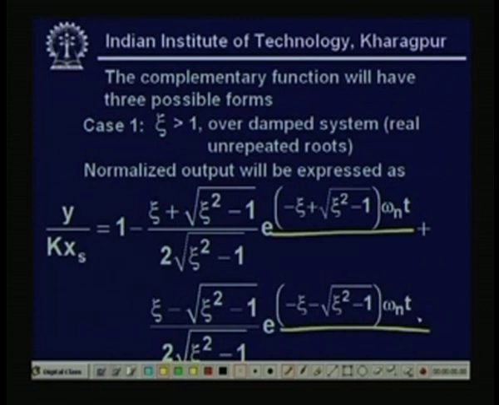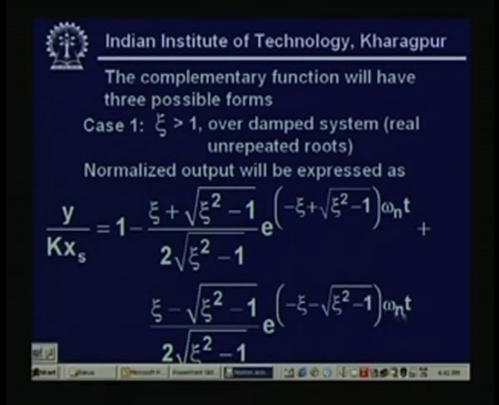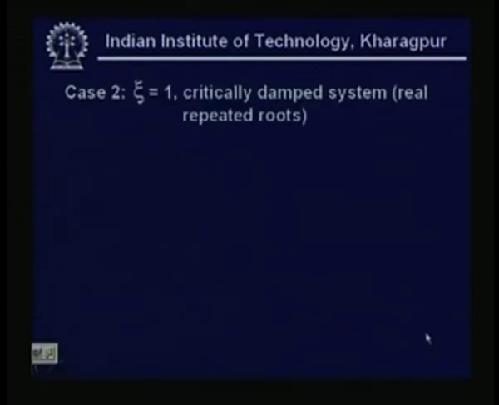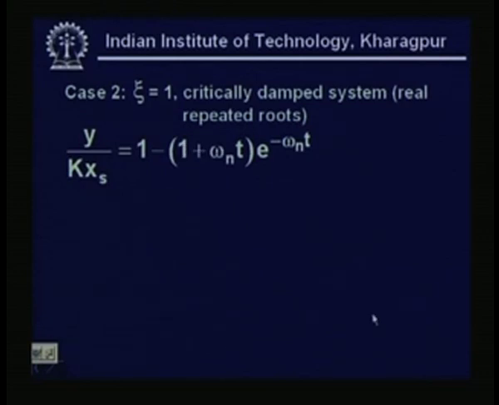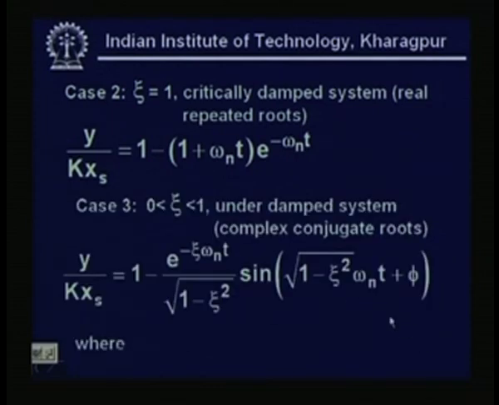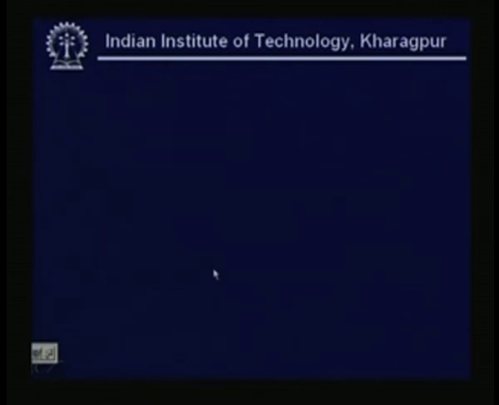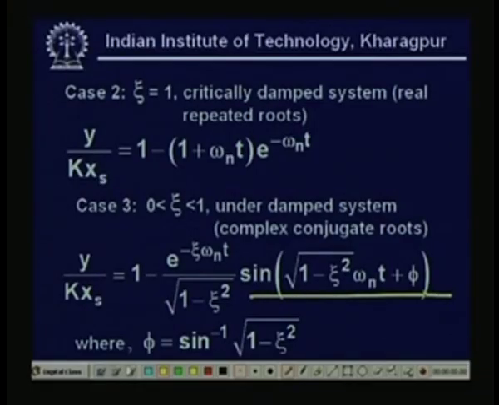Similarly, in the critically damped system also there is no question of oscillation, there is no sinusoidal term. But in the case of underdamped systems, because of this sinusoidal term, there will be oscillation.